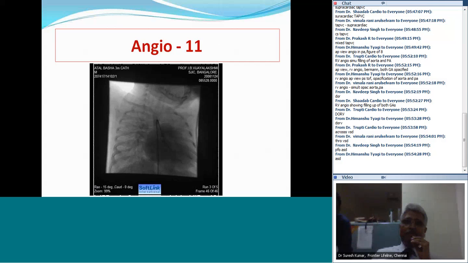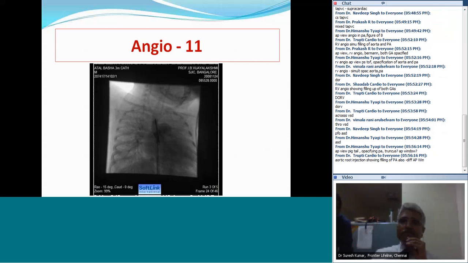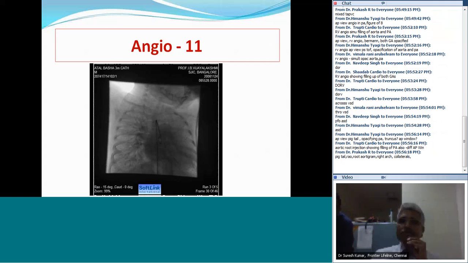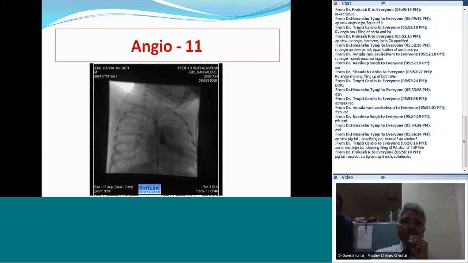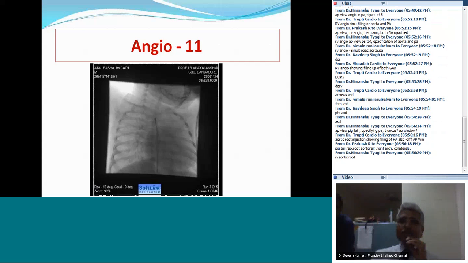Facial features, so typical facial features, you have a broad forehead. Any other abnormalities? Any eye abnormalities? Yes, what is the eye abnormality called? Correct, posterior embryotoxon. So you will send this patient to the ophthalmologist so that they can have a look and tell you if there is a posterior embryotoxon or not.